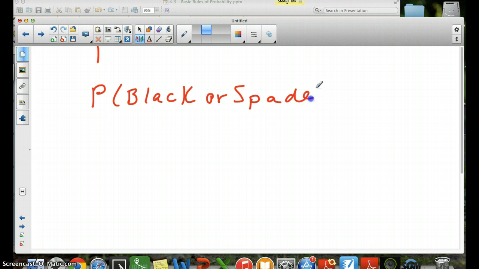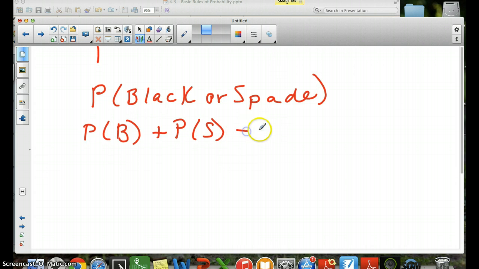Okay, so I already said in the last one, you have 13 spades, and spades are always black. So you obviously know that you're going to have an overlap here between the two. So what this is telling us to do is take the probability of it being black, add it with the probability of being a spade, and then subtract the probability of being both black and a spade.